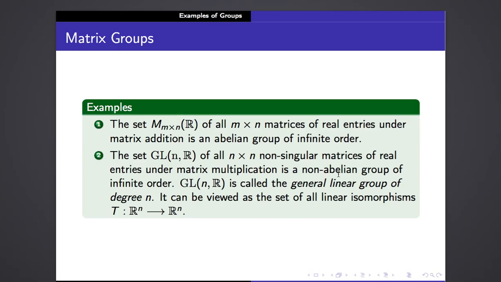So it is a non-abelian group of infinite order. GL of n, R is called the general linear group of degree n.